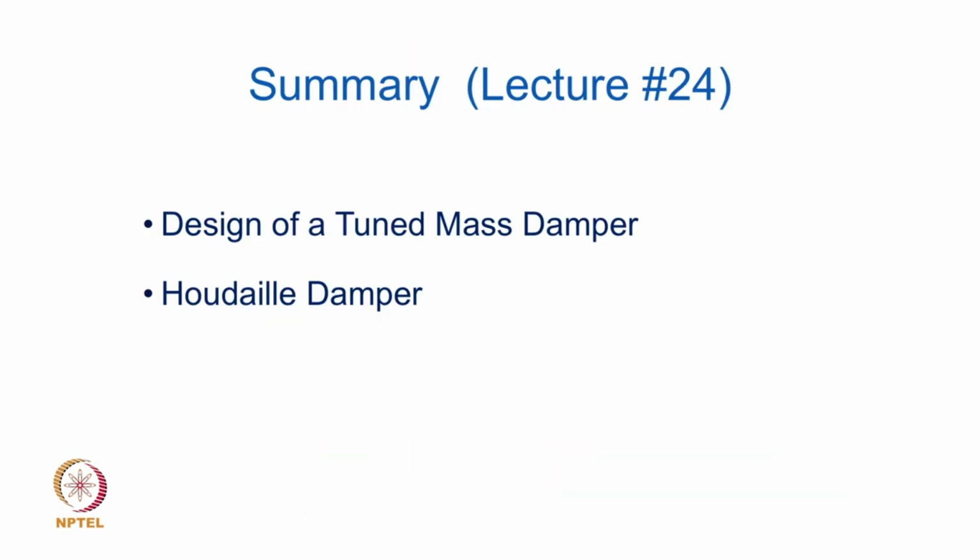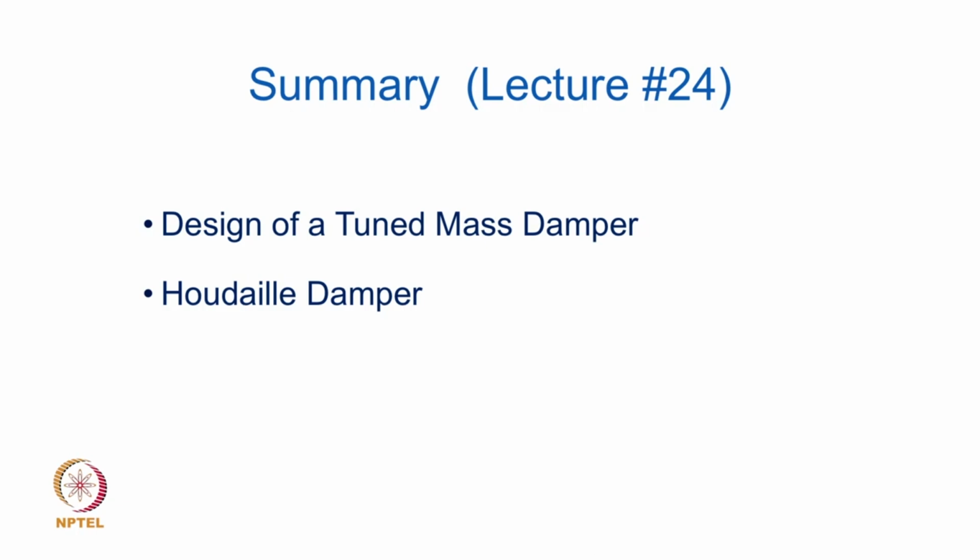Okay, to summarize this lecture, we explored today through a detailed discussion how the major lacuna of an undamped vibration absorber can be addressed by suitably introducing a dashpot or a damping element in the absorber configuration, and then the attached system is called a tuned mass damper, where the mass damper is tuned at a frequency which is not necessarily the same as the parent natural frequency.